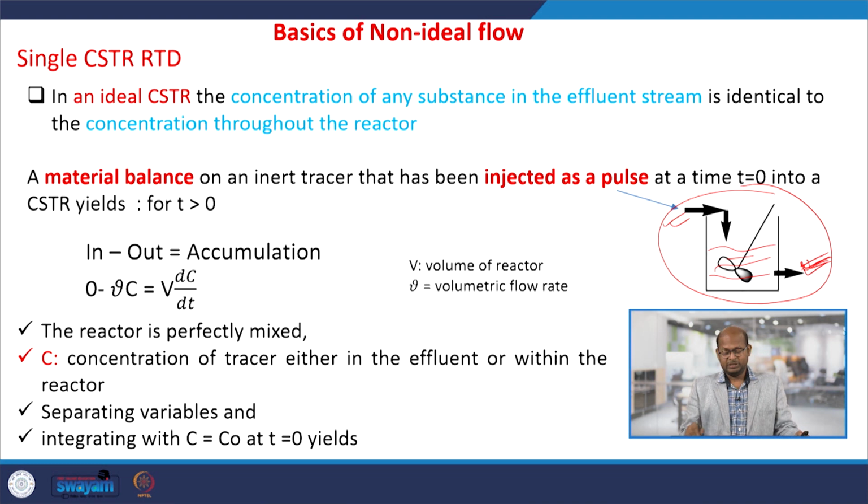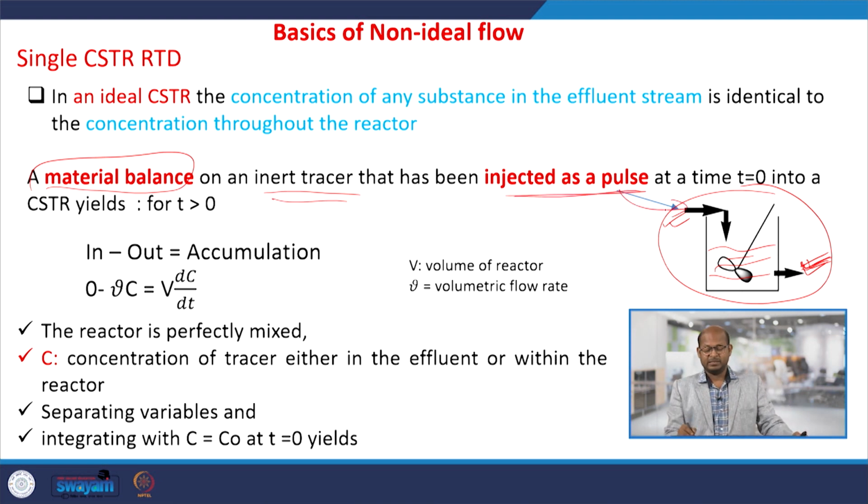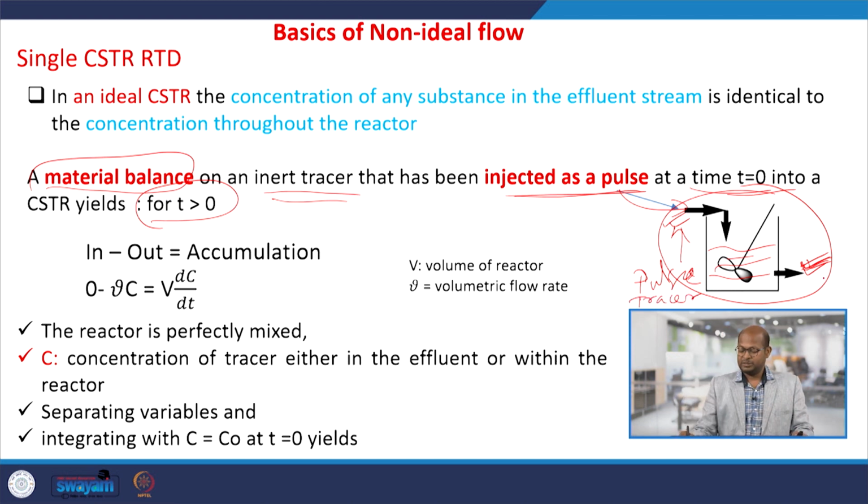In this type of reactor, we do the material balance on an inert tracer that has been injected as a pulse at time t equals 0, and we consider t greater than or equal to 0. Initially we just inject a pulse of tracer here. The tracer comes out of the reactor outlet at time t greater than 0.